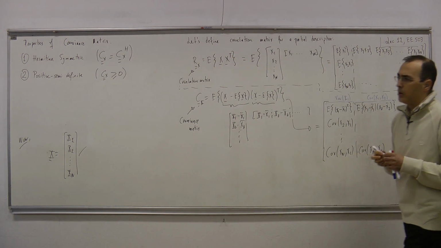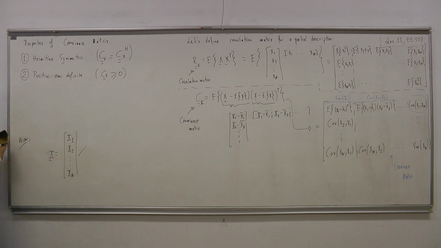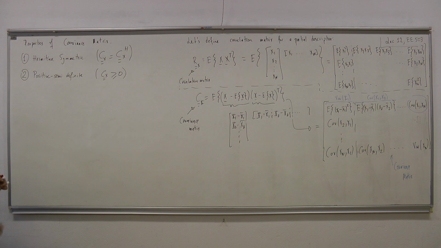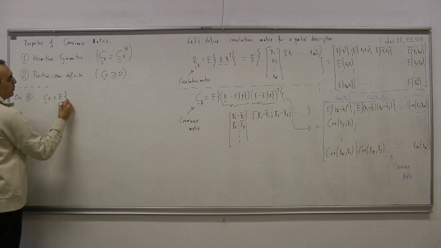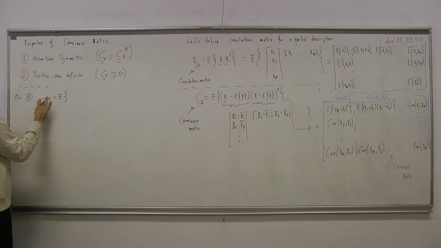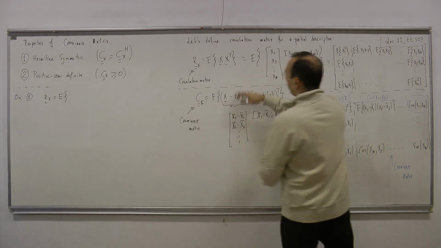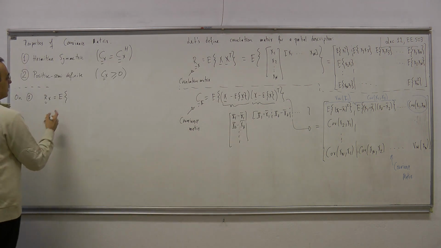Okay. What else? Since this is Hermitian symmetric, it comes with some additional eigen properties, but we can discuss them later on. So let me say on 1, the definition of Cx is the expected value of, let me do it for Rx because it's very simple. They are very simply related and I don't want to write this long thing again and again. Cx or Rx, it's almost the same.